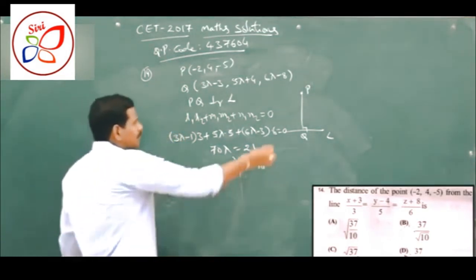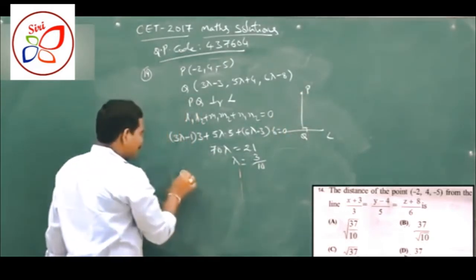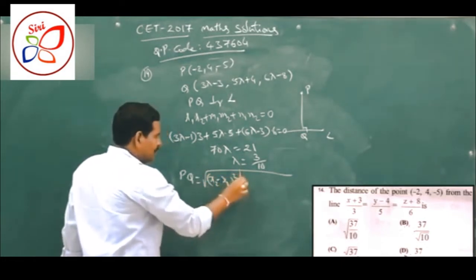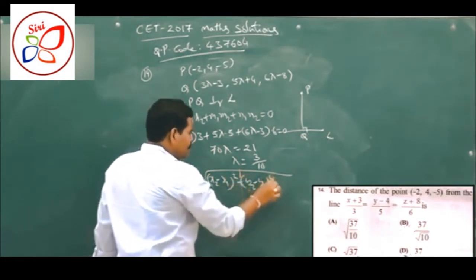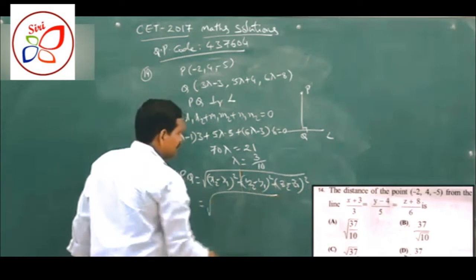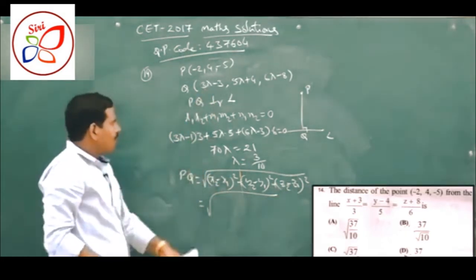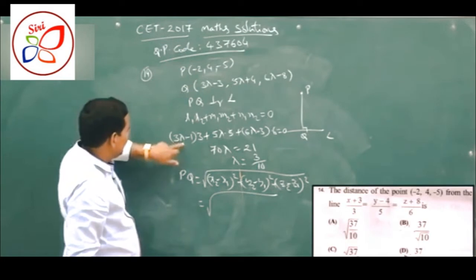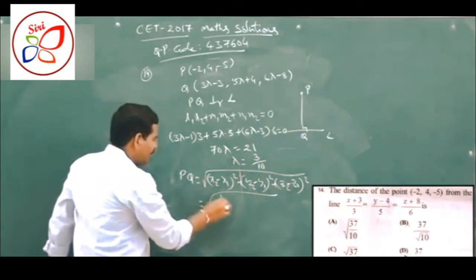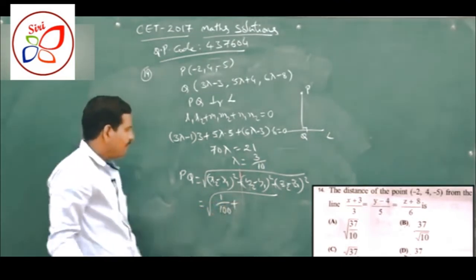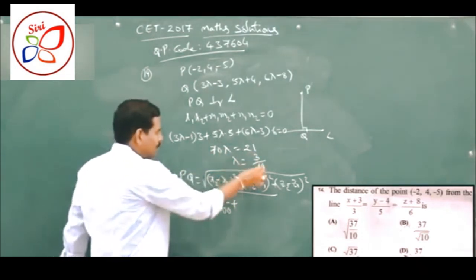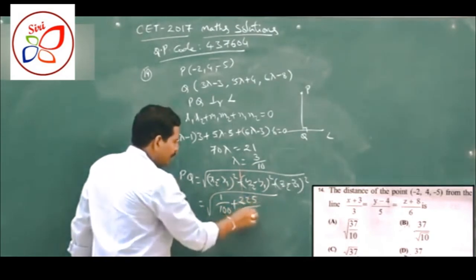We want a distance PQ. So PQ is equal to under root x2 minus x1 whole square plus y2 minus y1 whole square plus z2 minus z1 whole square. That is equal to, substituting this lambda here, this minus this means basically 3 lambda minus 1. So 3 lambda means 9 by 10 minus 1 is 1 by 10, its square 1 by 100. Second one, this one 5 lambda, 5 into 3, 15, 15 by 10 whole square, 225 by 100.